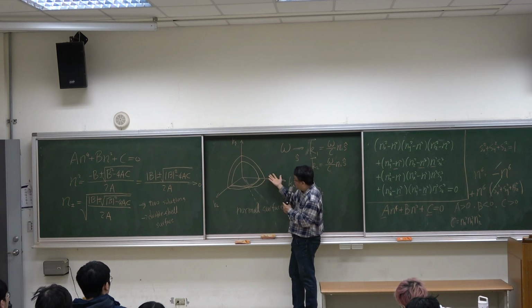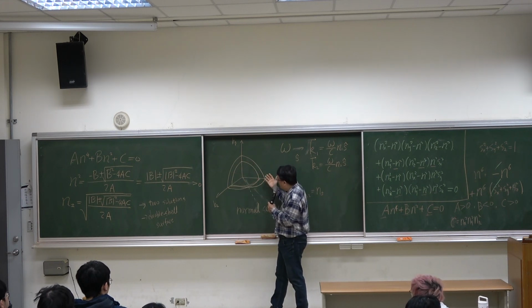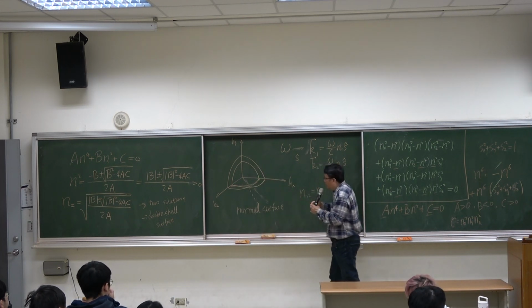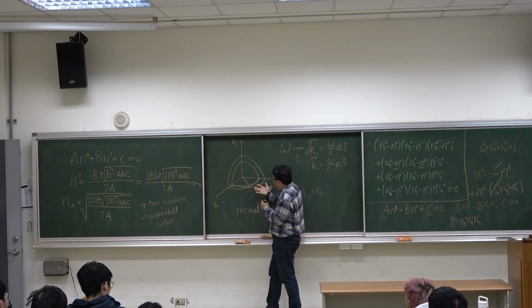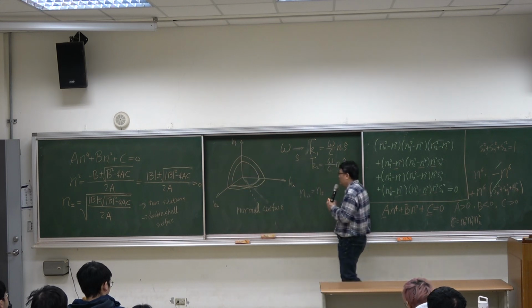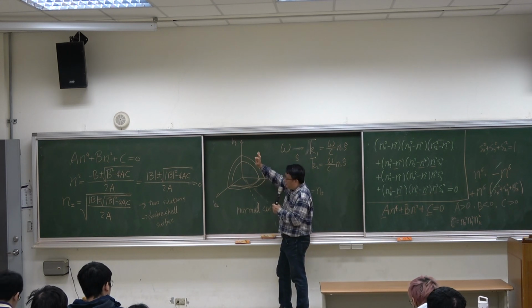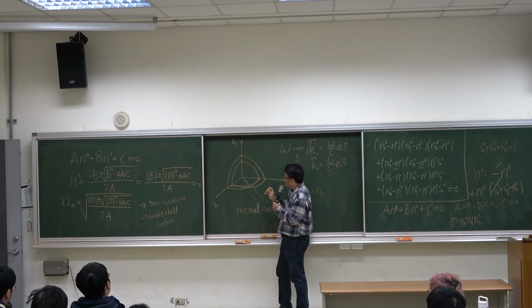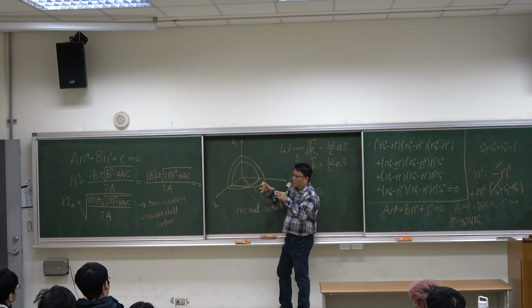Now we can study the intersection between these three planes and the normal surface. They will become very special kinds of curves. In fact, for any one of the planes, we get one ellipse and one circle.